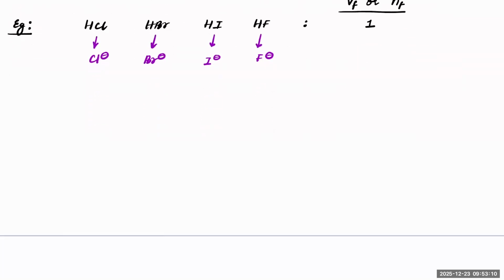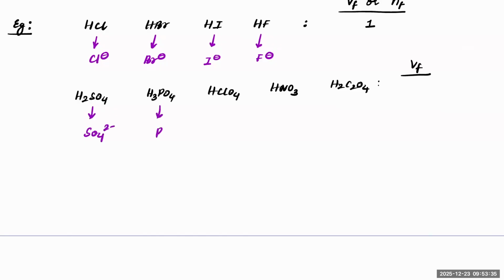Likewise, if you have H2SO4, H3PO4, HClO4, HNO3, or H2C2O4, they ionize to SO4 2 minus, PO4 3 minus, ClO4 minus, NO3 minus, C2O4 2 minus.